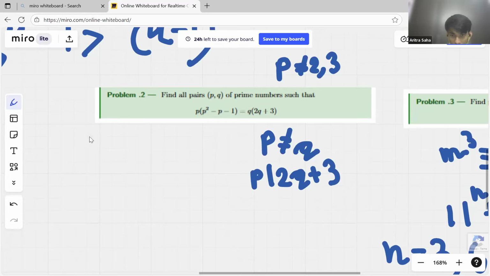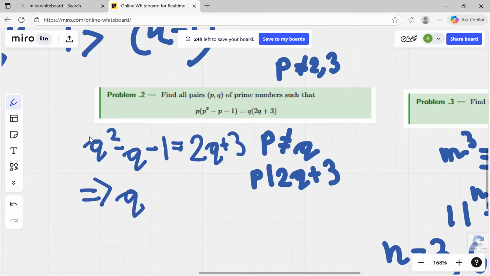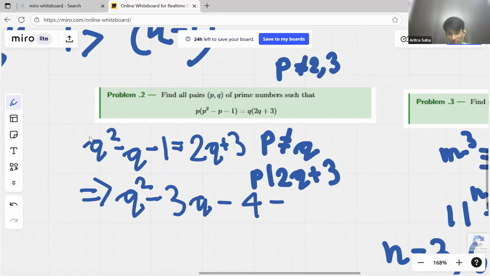If p not equals q, okay, let's first try with p equals q. What will p equals q give? This will be just q squared minus q minus 1 being equal to 0, right?